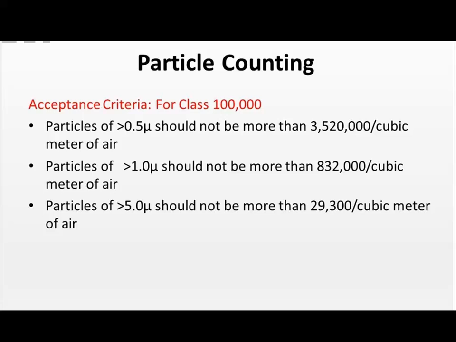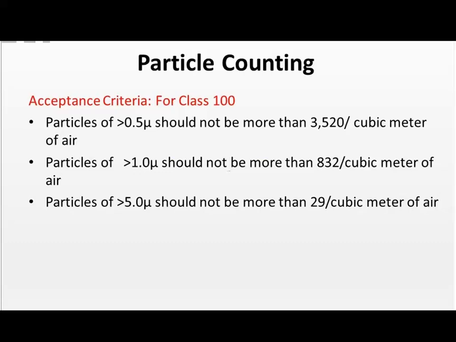And again, these will be shown on your screen for your particle counters, and your particle counter is capable of giving you a printout. But the one that classifies your room is going to be your 0.5 micron particulate size. And we know that HEPA filters can filter out particles as small as 0.3 microns.